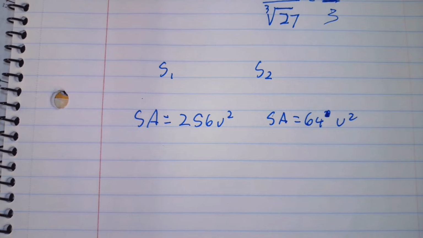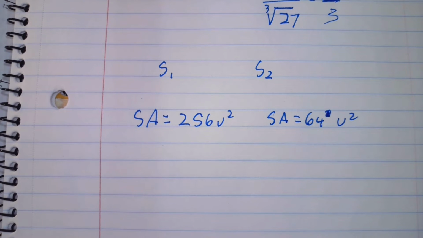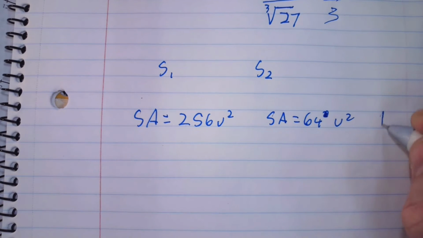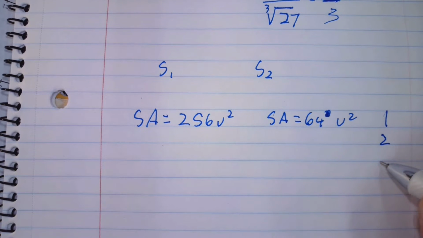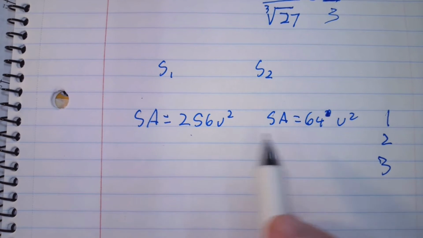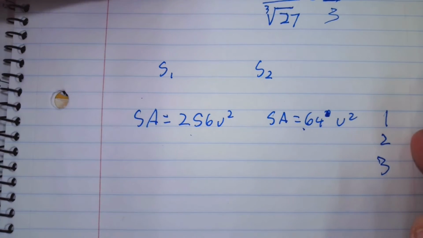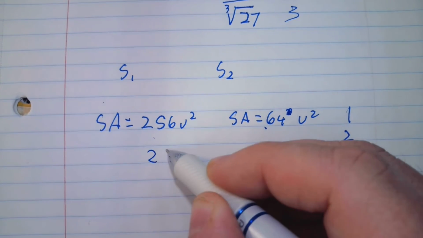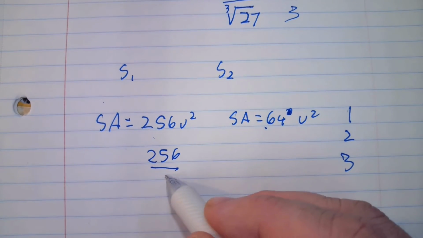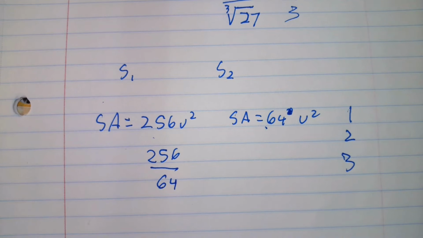I want the scale factor. Okay, again, we got the 3 levels. The first thing I need to do is create a ratio. The ratio would be 256 over 64. Or if it tells you to do something different. Simplify this. Put it on the level it's supposed to go on.